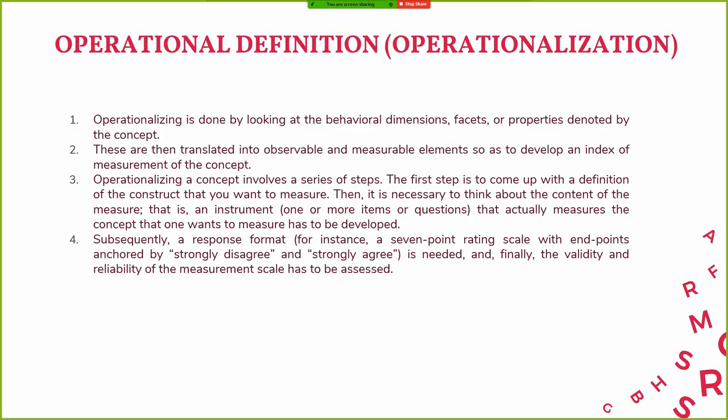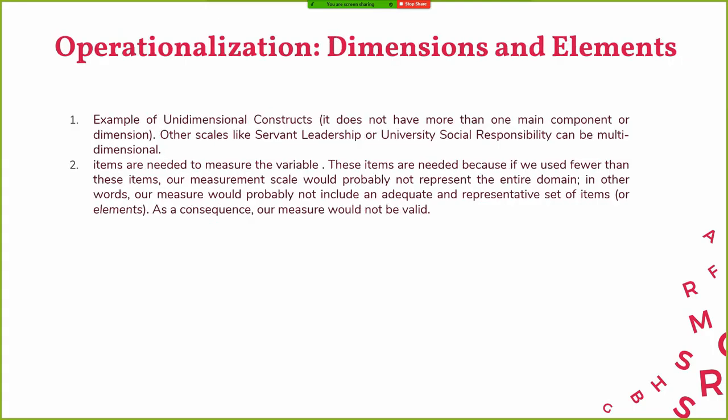So you need to define the concept first, and then based on that definition you select your measures. Based on that definition you select the characteristics and attributes. For example, if you are studying social responsibility in a university, you cannot take economic dimension or profitability as a attribute of the university.